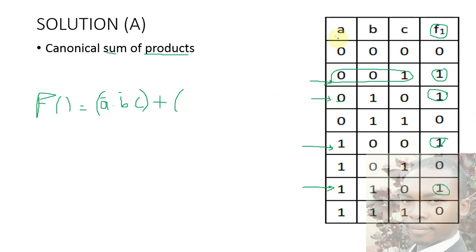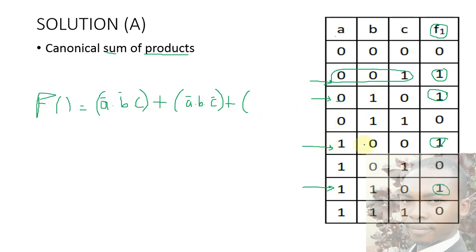This is a 0, that is A naught, and then times this is 1, so this is B only, it is not complemented, times this is a 0, and that is C complement. So plus, guys, plus what?